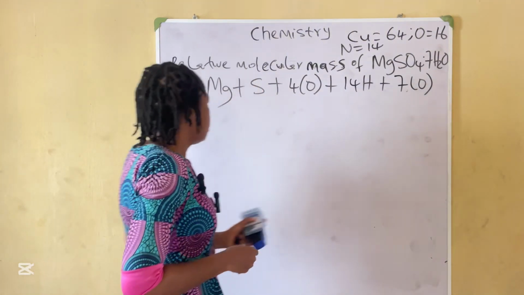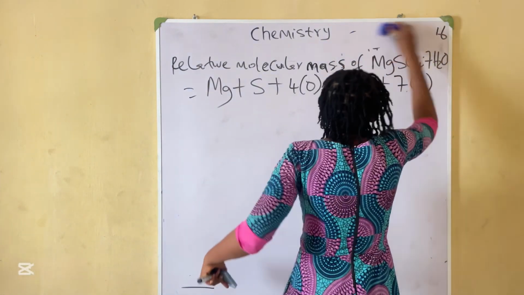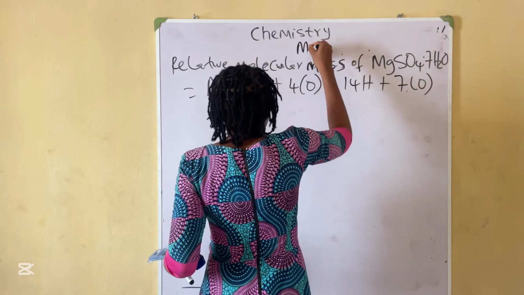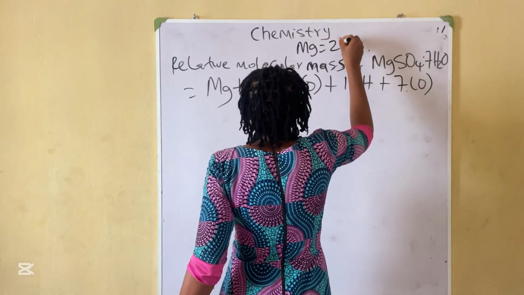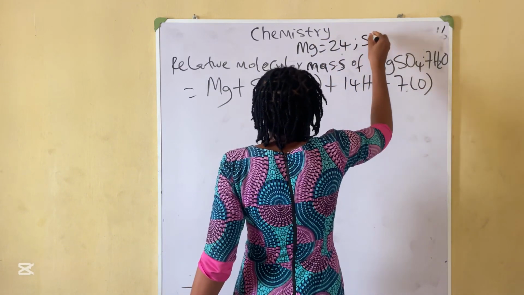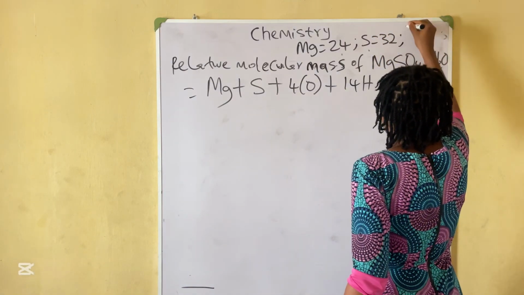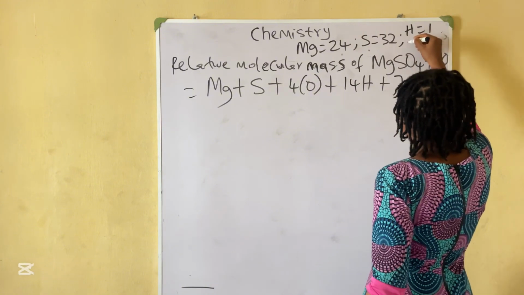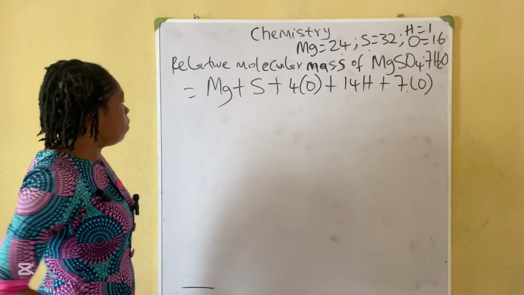100% correct. Okay. So the relative atomic masses of the elements present: magnesium is 24. Sulfur is 32. Hydrogen is 1. And oxygen is 16. Okay, let's add them up.